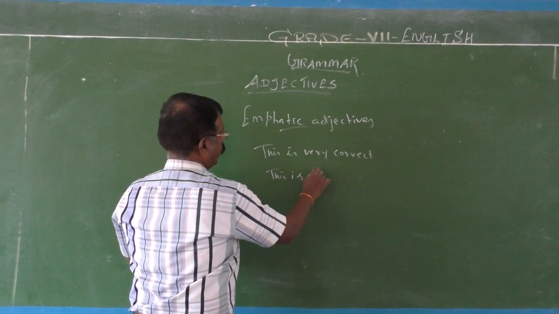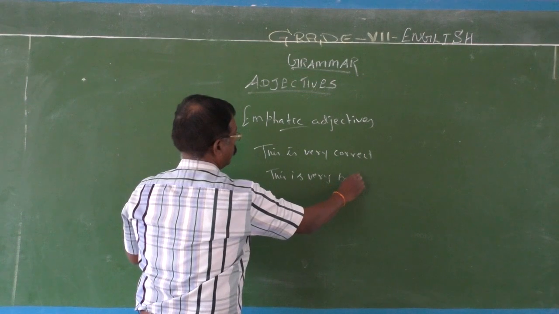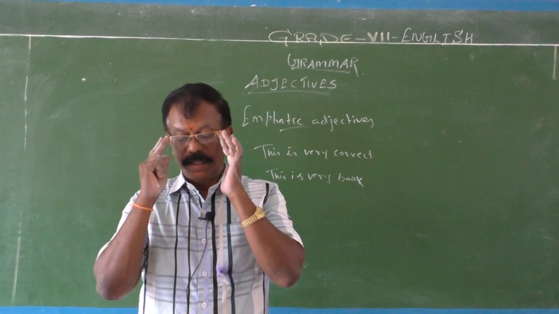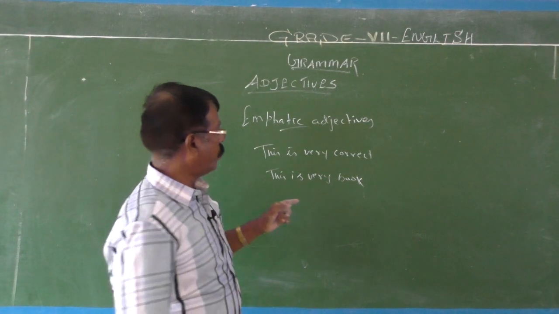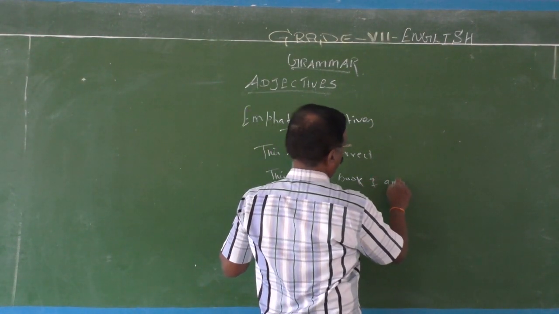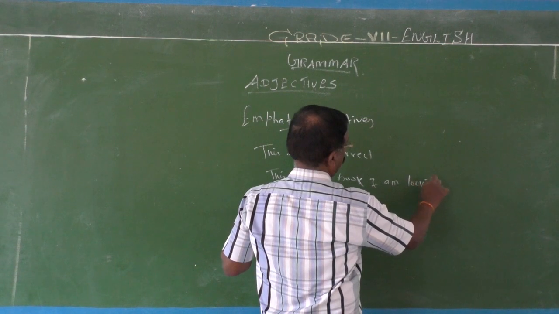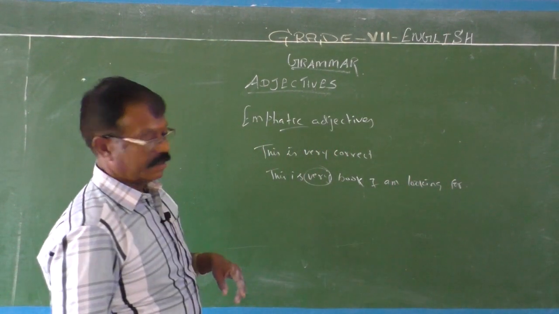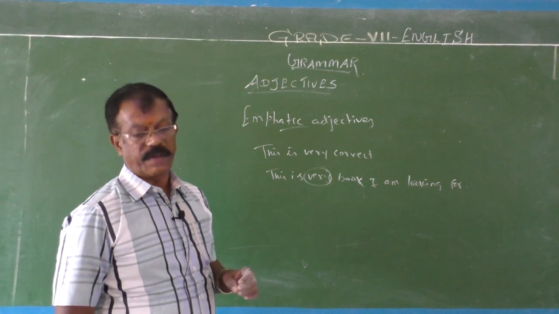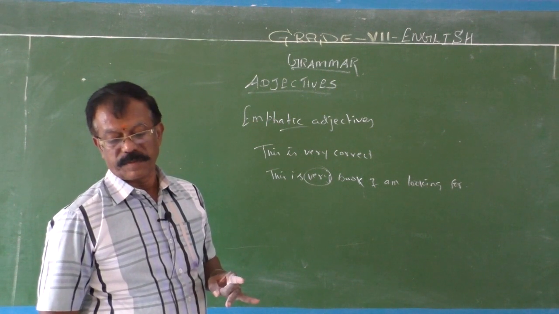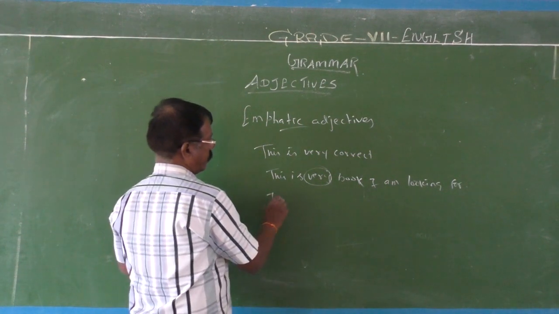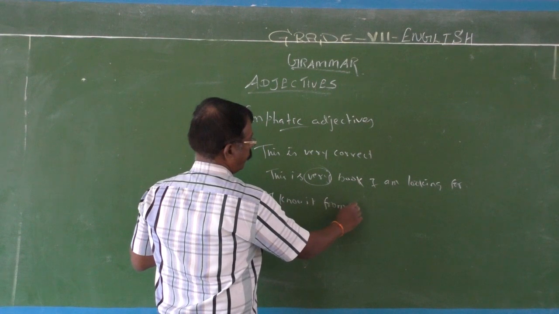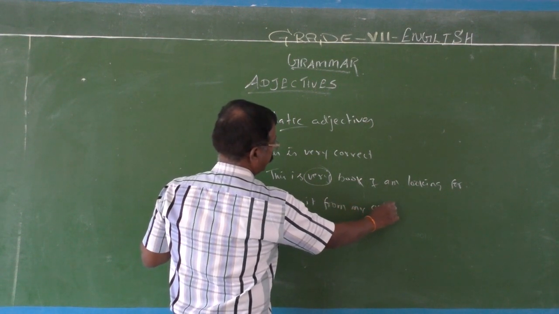This is the very book I am looking for. So here you want to stress very, okay. This is the very correct answer I have given. I know it from my own experience.